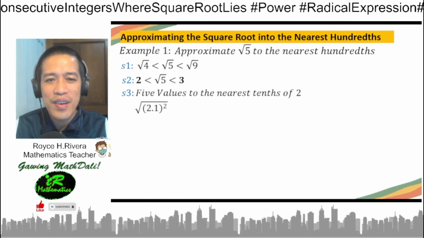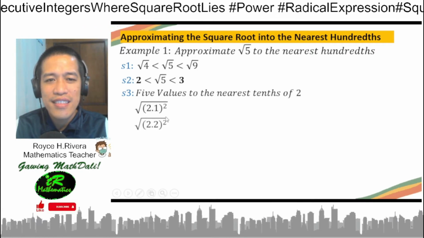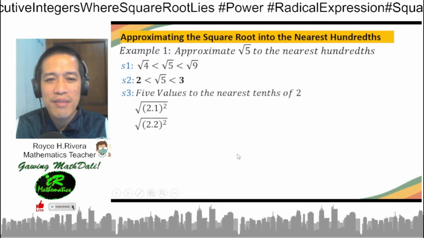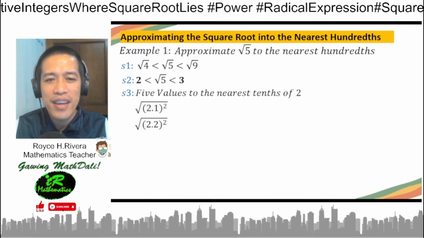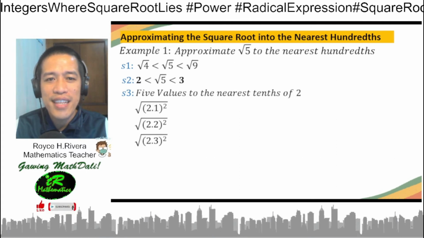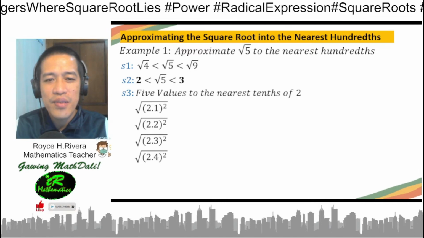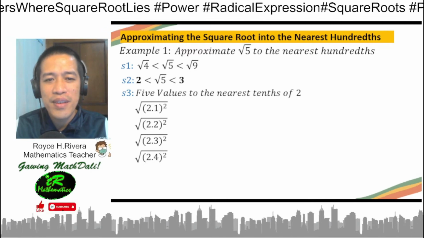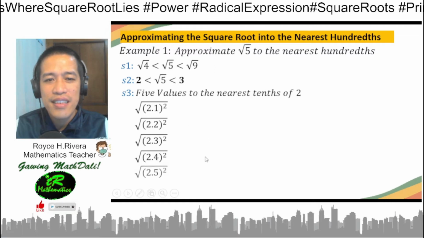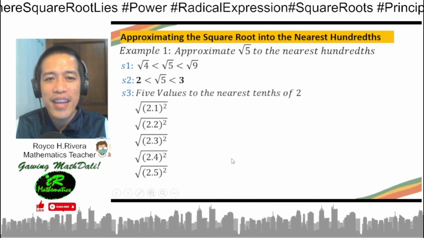The square root of 2.1 quantity square, square root of 2.2 quantity square, the square root of 2.3 quantity square, and square root of 2.4 quantity square, and last, the square root of 2.5 quantity square.